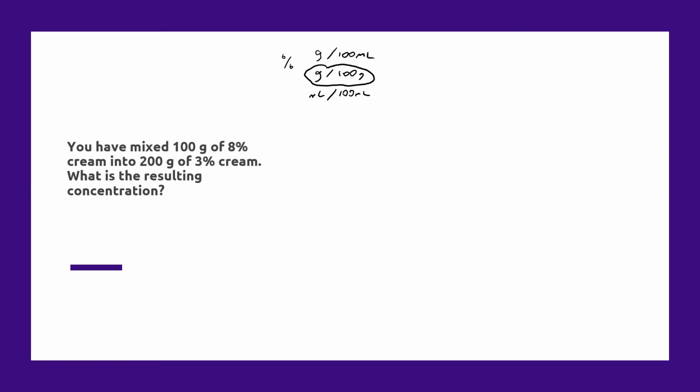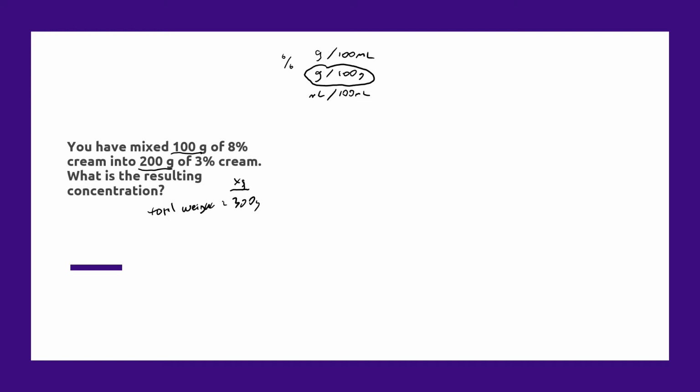So if you mix 100 grams of cream into 200 grams of cream, our total weight of the cream is going to be 300 grams. And if we can figure out how many grams of active ingredient are in that, we can set up a proportion to solve for the concentration.